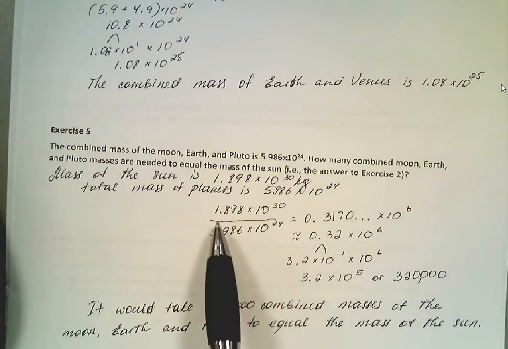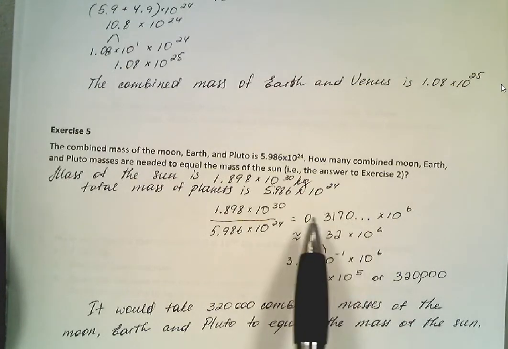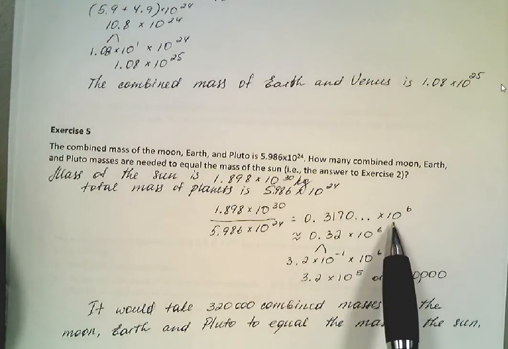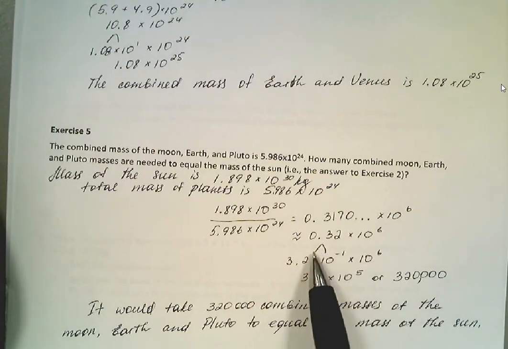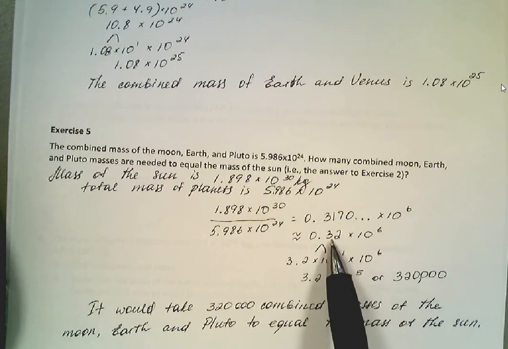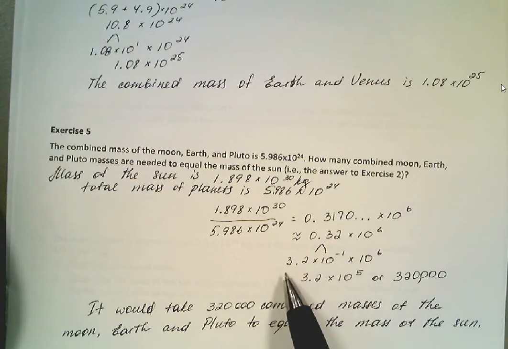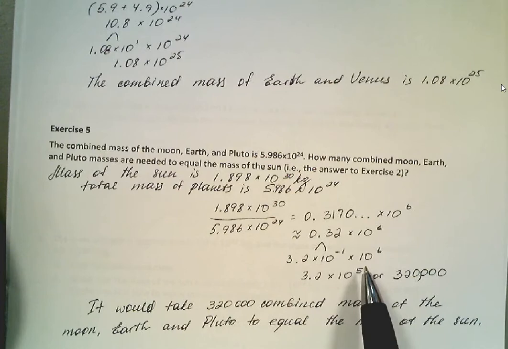So when we divide, we will get 0.3170, and we subtract powers of 10, which is multiplied by 10 to the 6th. So I just rounded here to the nearest hundredths, 0.32 times 10 to the 6th, and then I changed my 0.32 into scientific notation. 3.2 times 10 to the negative first because we are dealing with a small number, and that is multiplied by 10 to the sixth.